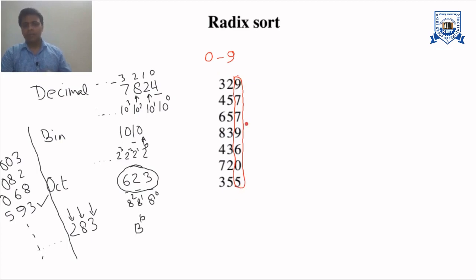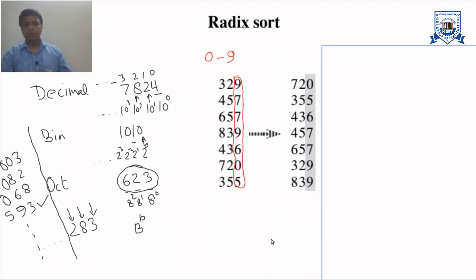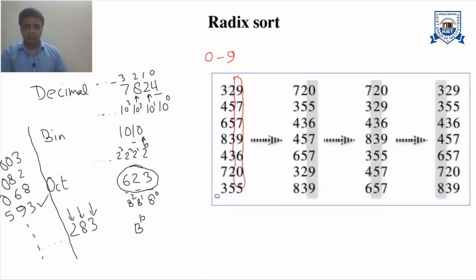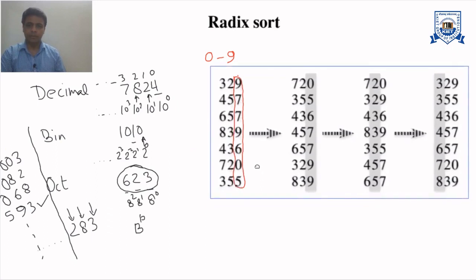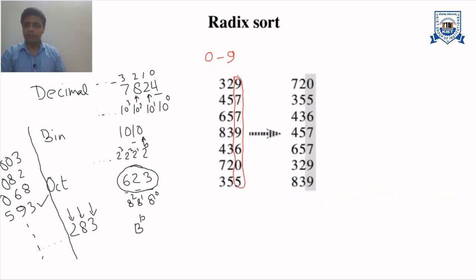So after performing this operation, we would get this list of numbers. Let's say this is list 1, the original list.